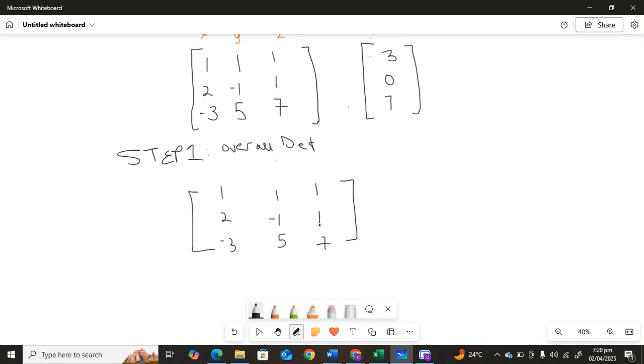Once you start getting the determinants, this is the pattern that happens. When you write down the matrix, the first two columns, this column and this column, you write them outside: 1, 2, -3, and this one 1, -1, and 5.